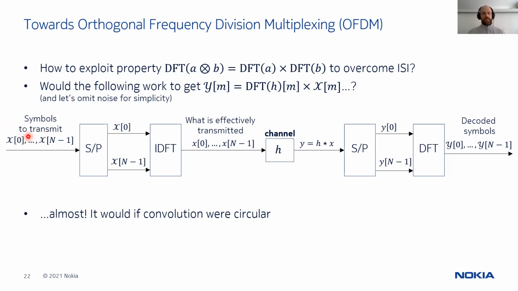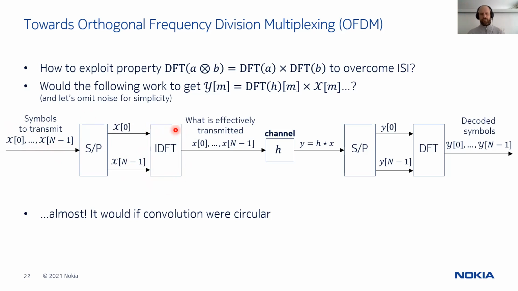So let's say that we have n symbols to transmit. Actually, you have infinite symbols to transmit, but let's say that you chop your stream of symbols into batches of n symbols, and then you go from serial to parallel, and then you apply the IDFT. Why serial to parallel?